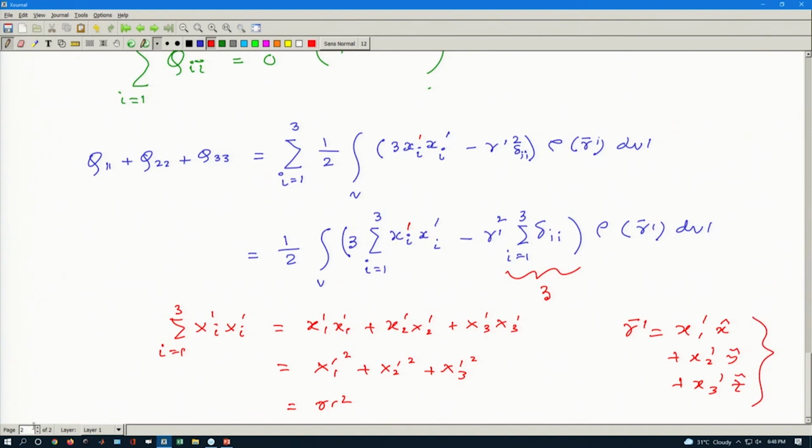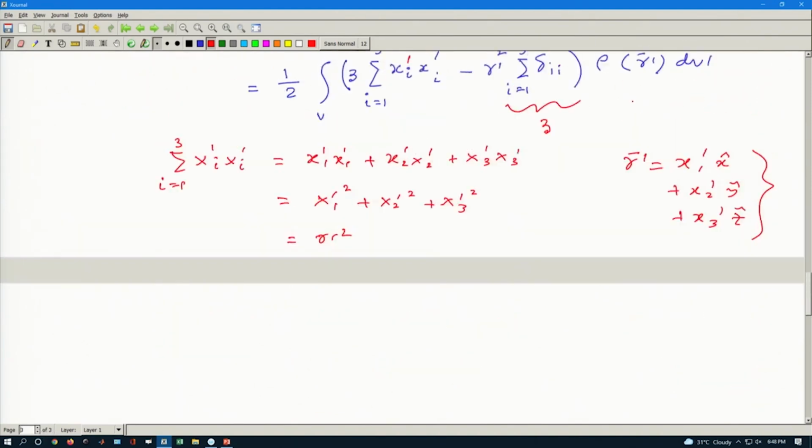Okay. After having that, we are almost done, because this quantity comes out to be 3r square and already 3r is here.